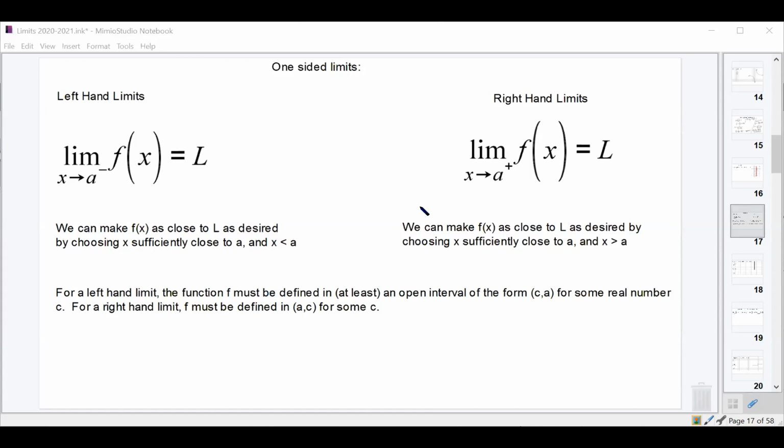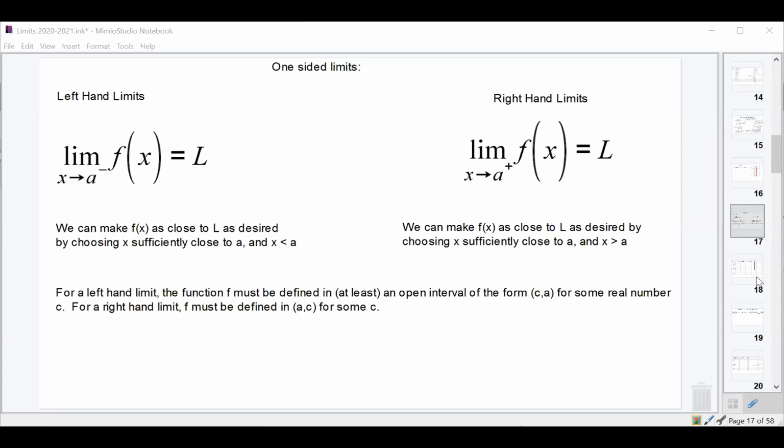So we talk about left hand limits and right hand limits. A left hand limit is the same as the regular limits we've been doing, except it just means that the function has to exist to the left of the number that we're looking at. And for a right hand limit, the function just has to exist to the right of the number. Other than that, the whole process of looking for the limit is still exactly the same.